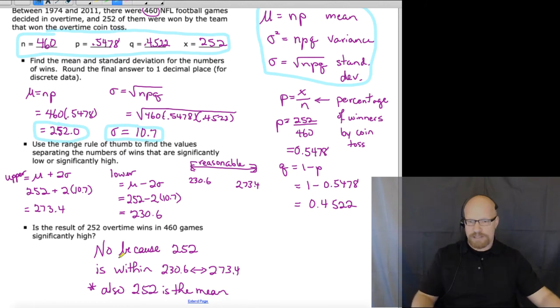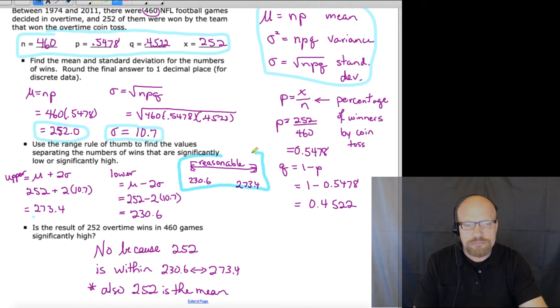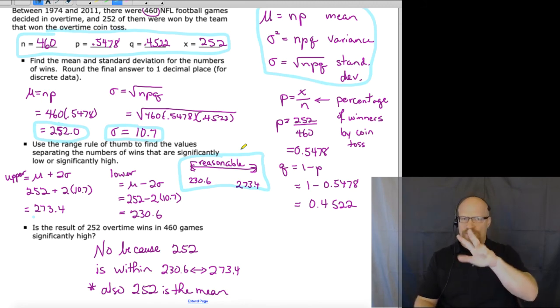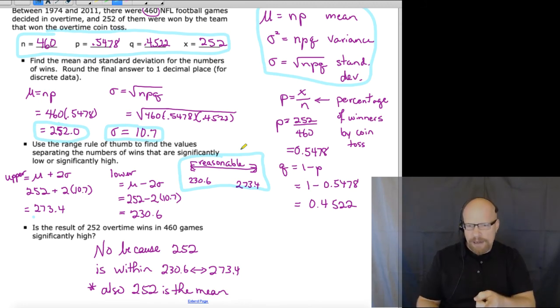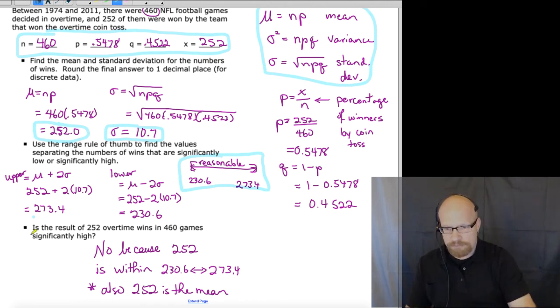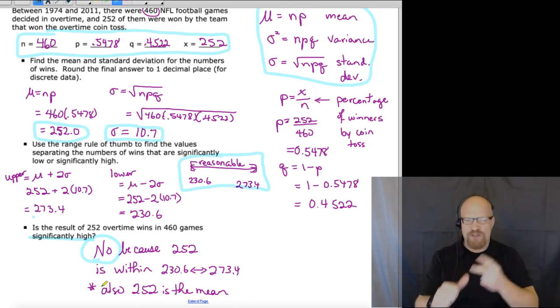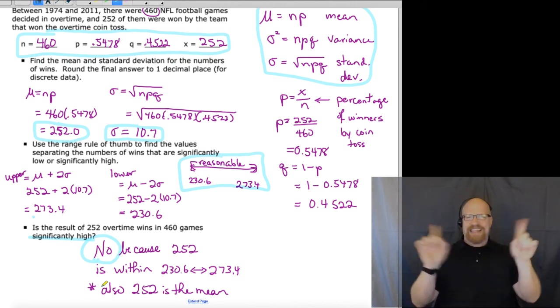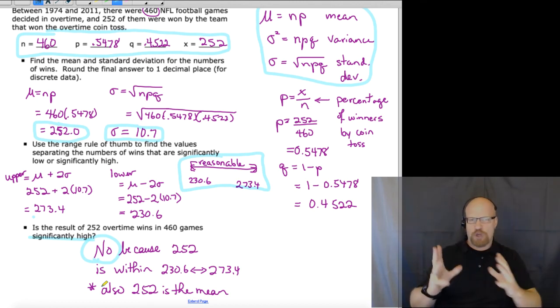Now the question was, is that reasonable? Fine. Is 252 within reasonable or not? Well, no. Because, first of all, if you look, 52 is the mean. It can't be significantly different. But at the same time, we'll look at the range. It's within the range, so we're fine.